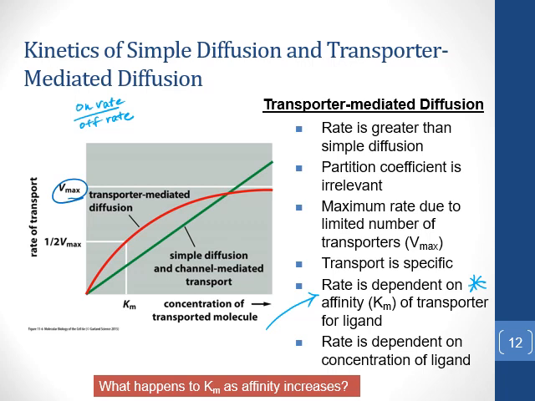If you're measuring the rate at which a molecule moves across the membrane, and that molecule has a high affinity for that transporter, then what that means is you don't have to have a very high concentration before you can move the molecule across the membrane. Because when the molecule, let's say we're moving it from the outside of the cell to the inside of the cell, well, let's move our yellow molecule here. We're going to move our yellow molecule from the outside of the cell to the inside of the cell.